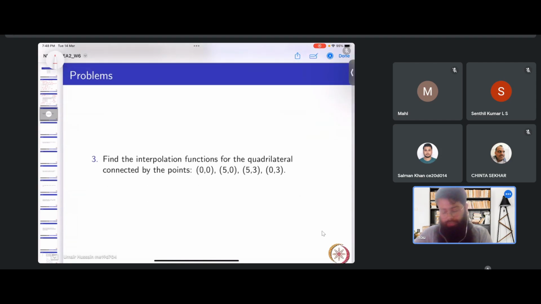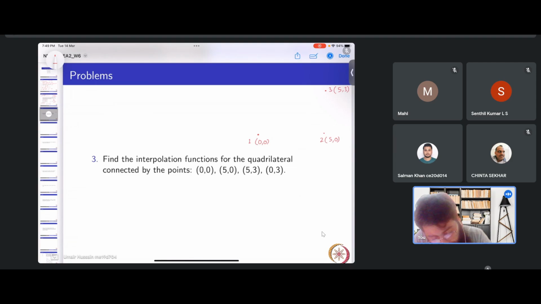Okay, so you have to find the interpolation function for the quadrilateral which is connected by the following points. So we can draw the quadrilateral here. We have our first node as 0, 0. Then we have our second node as 5, 0. And then we have node 3 at 5, 3.